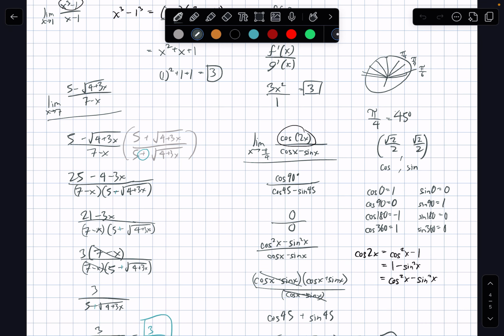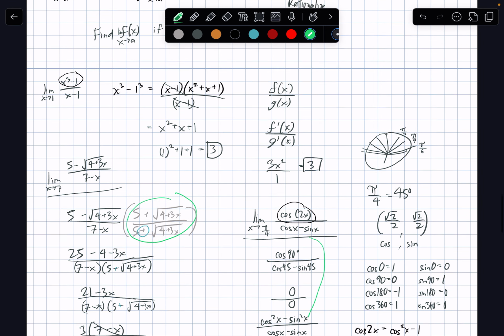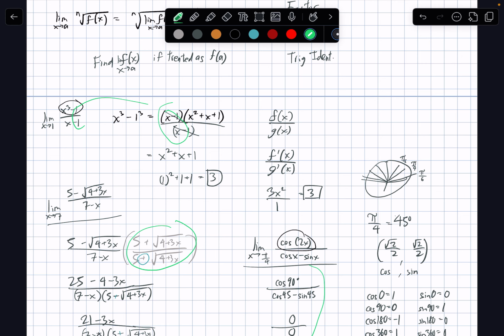Rationalization. So one example of rationalization is this. Here we apply trigonometric identities, and here we applied factoring.